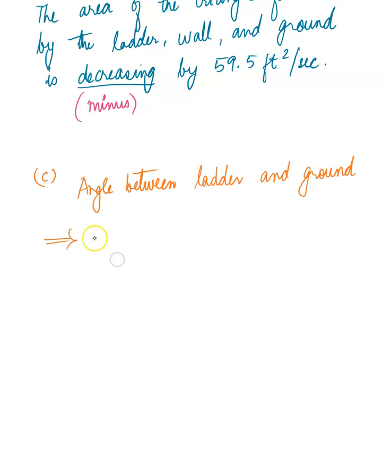I'll remove the word angle, because angle is theta, between. We saw that the ladder would be our hypotenuse and our ground would be the adjacent side.